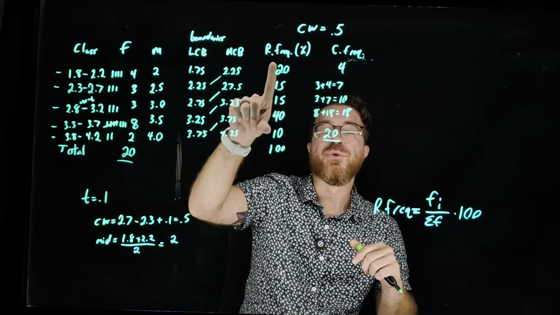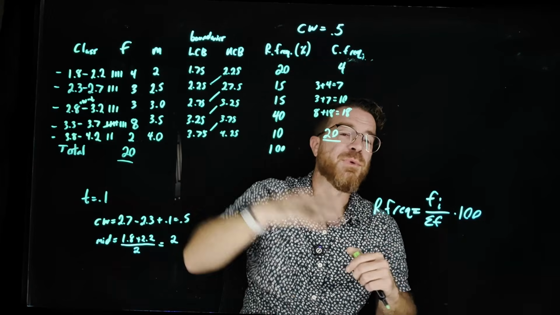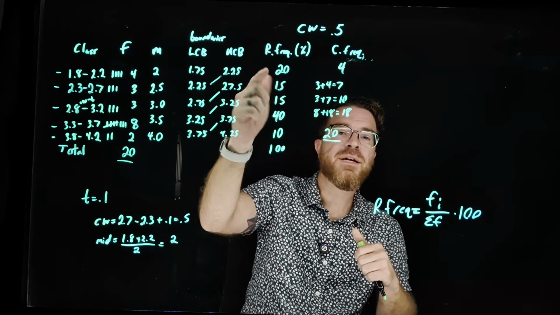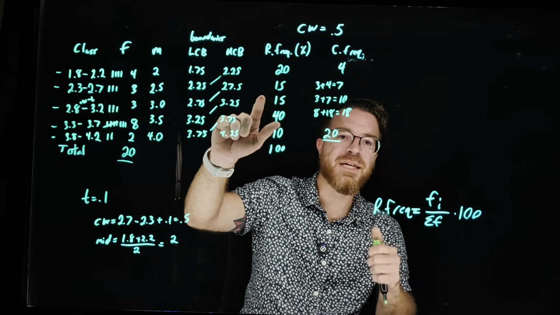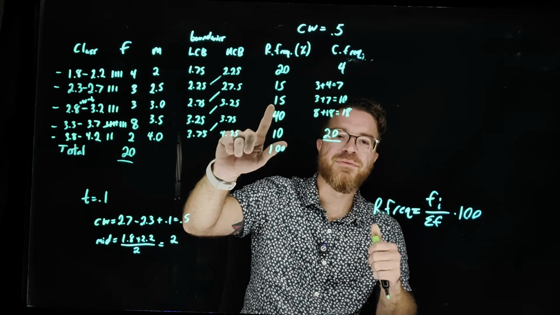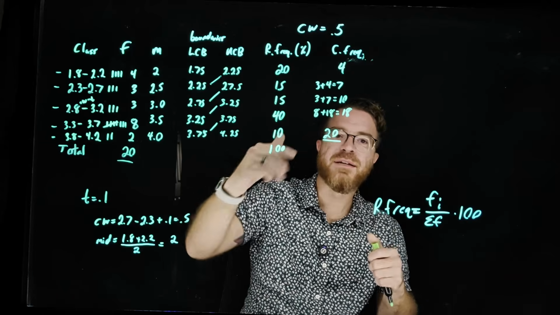Or you could go to your relative frequencies and create a cumulative frequency of them. So the first one would be 20, then 20 plus 15 gives us 35, 35 plus 15 gives us 50, 50 plus 40 gives us 90, 90 plus 10 gives us 100%.